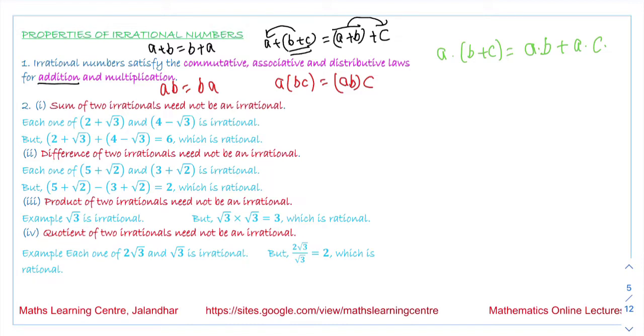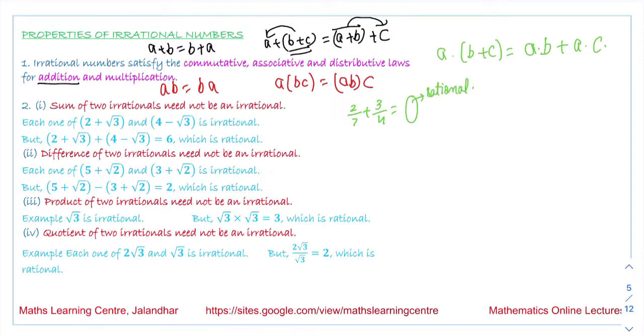The next result we have is, the sum of two irrational numbers need not be an irrational number. This is an interesting result. If we have two rational numbers, 2 by 7 plus 3 by 4, the answer you will get is always a rational number.